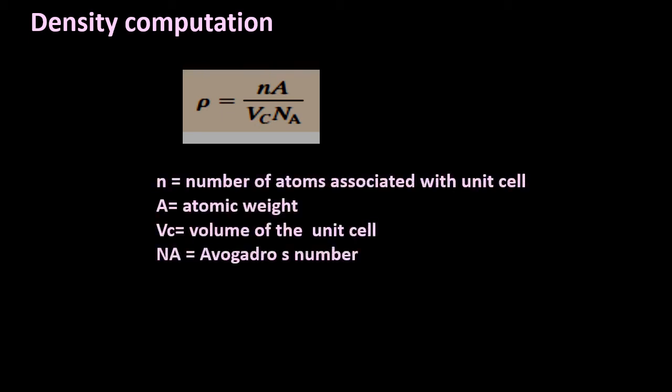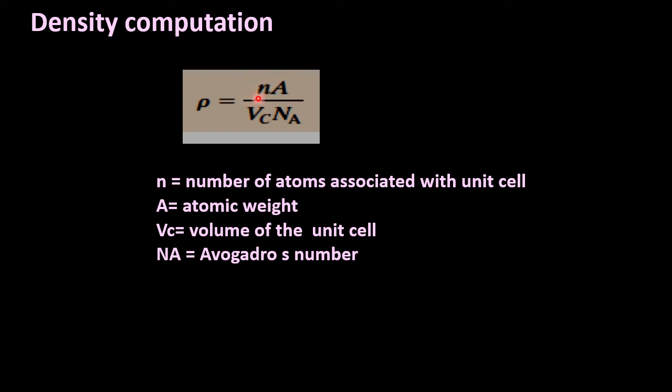Here we can define the different parameters: n is the number of atoms associated within the unit cell. For example, in the hexagonal close packed structure, we have 6 atoms per unit cell.